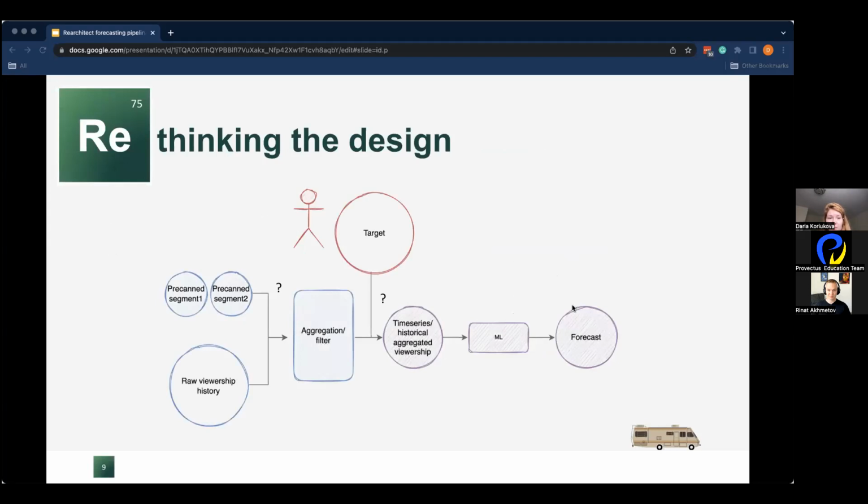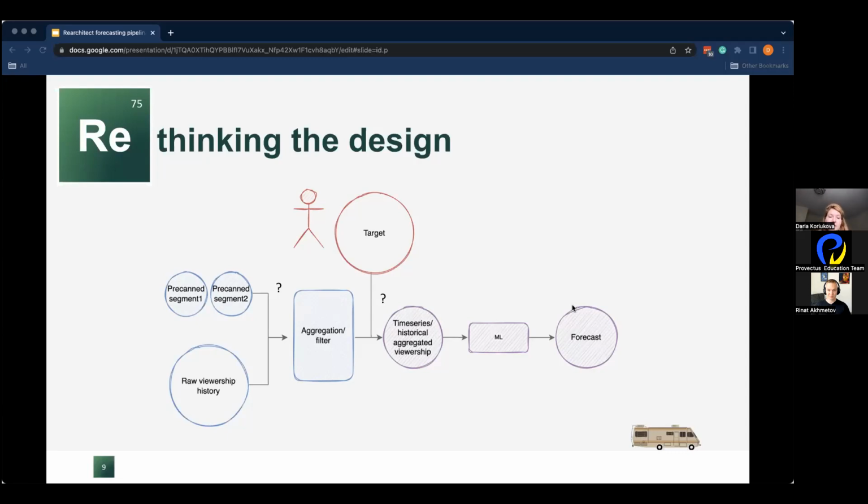If you remember the initial design that I presented, the bottleneck there was in this red target that we can only get in real time, ad hoc, when the forecast is triggered. We don't have this data in advance.